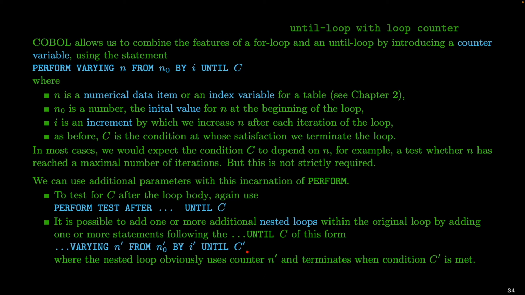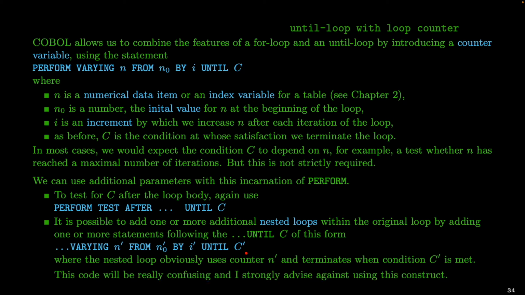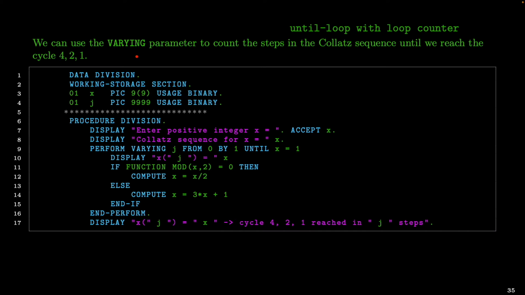And then I would have a nested iteration of the loop where this counter gets increased until this c prime condition is satisfied. Personally, I think that's a really terrible way to write nested loops because it's hard to read, and I strongly advise against using this. I recommend you, if you want to have nested loops, you have a separate perform statement for each of the loops.